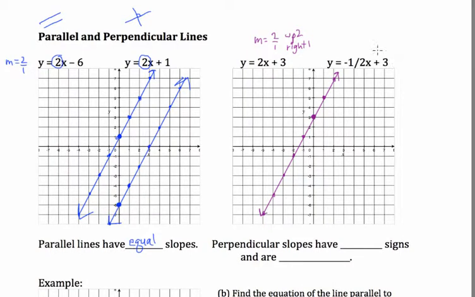Y equals negative 1/2 x plus 3. My b number is again 3, although perpendicular lines do not have to have the same y-intercept. My slope is negative 1/2. So that means my pattern will be down 1, right 2.